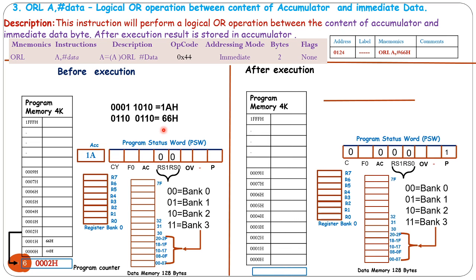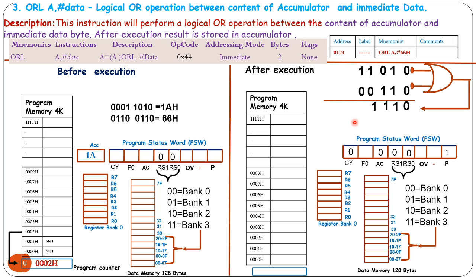So after execution, the content of the accumulator and the immediate data will be like this: 0 0 output will be 0, 1 1 output is 1, 0 1 1, 1 0 1, 1 0 1, 0 1 1, 0 1 1 and 0 0 0.